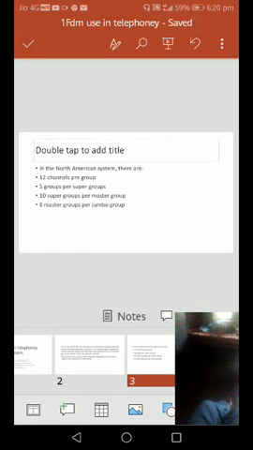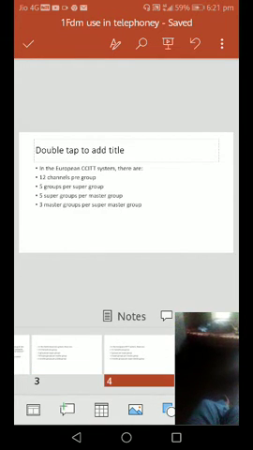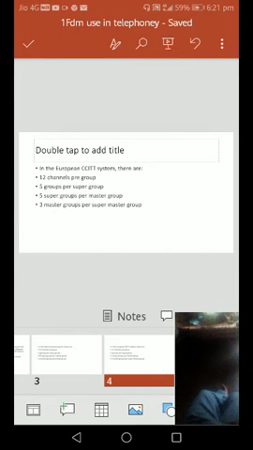Next, we move to the next slide, which is about European countries.